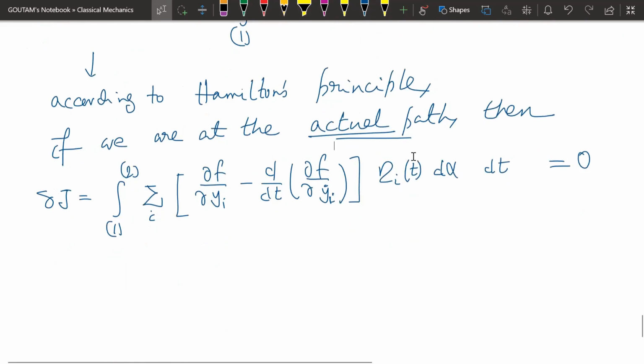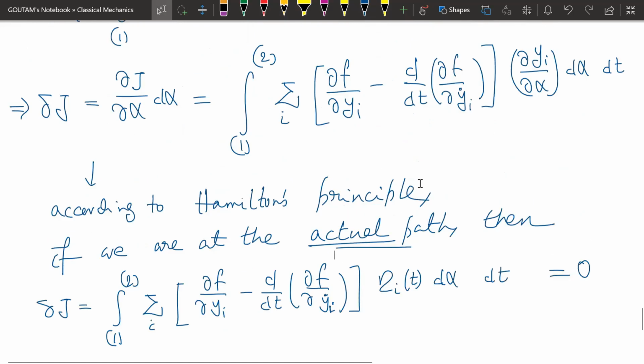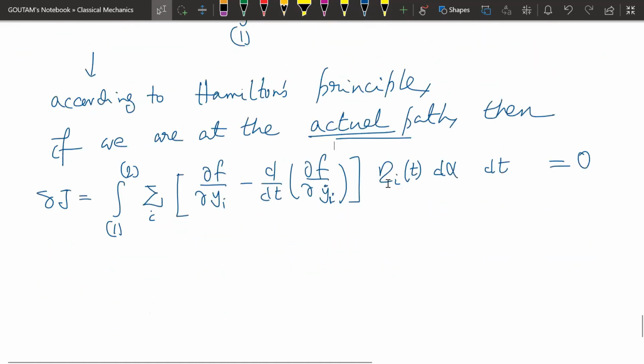So then this eta i, this eta can be any function.